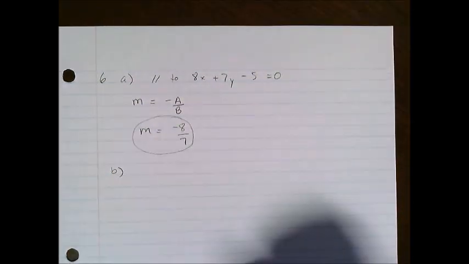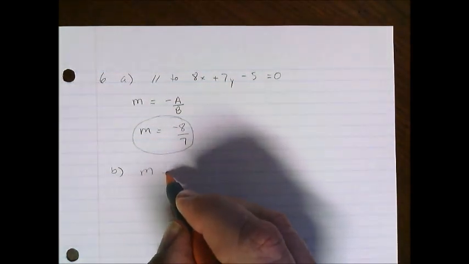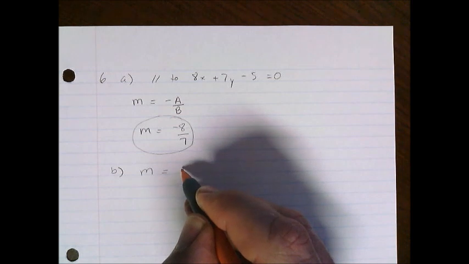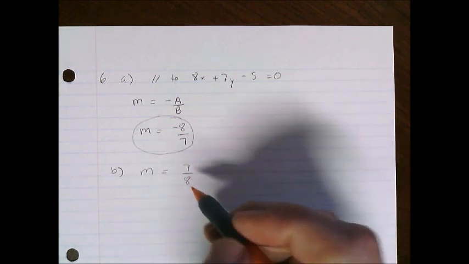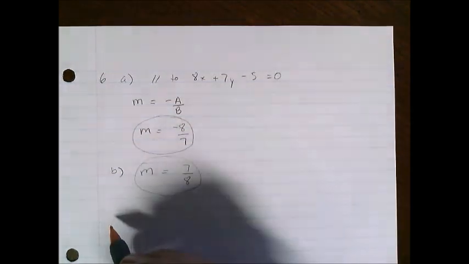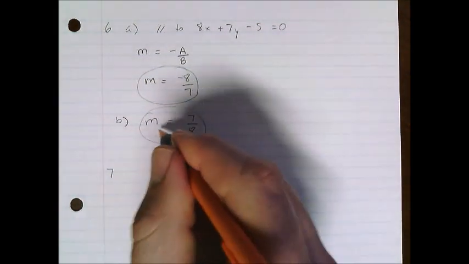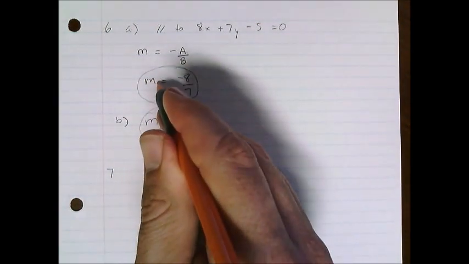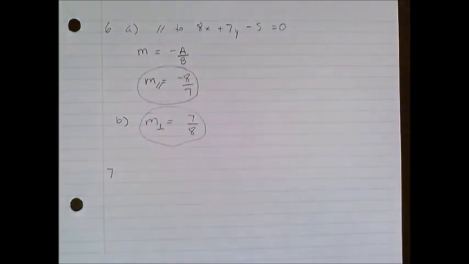And then B, a slope that would be perpendicular, which would be 7 over 8 positive, right? You flip it and you change the sign. There we go. This would be a line that's perpendicular, and this would be a slope that's parallel.